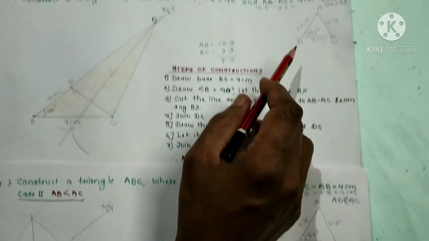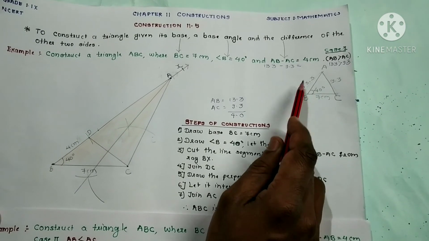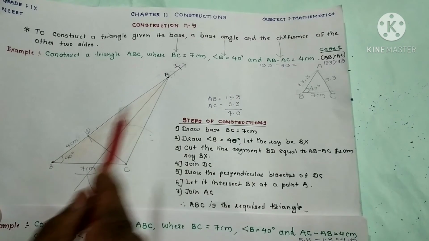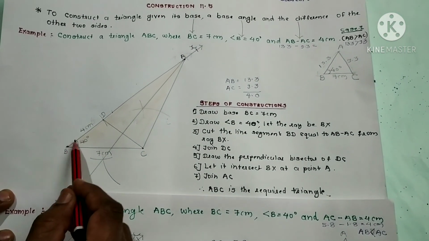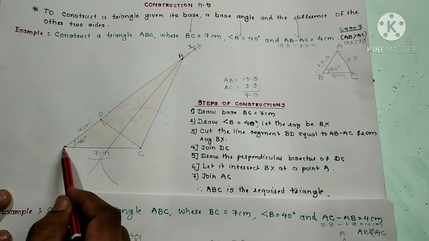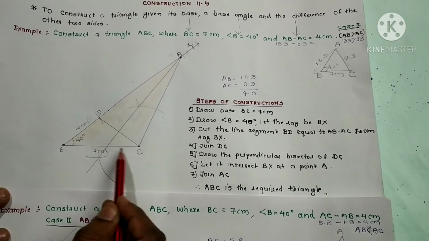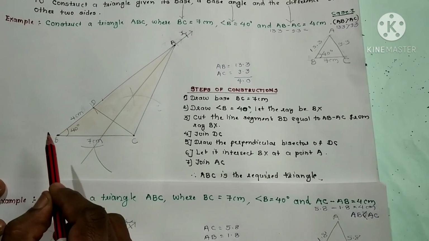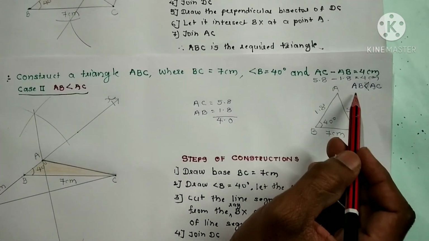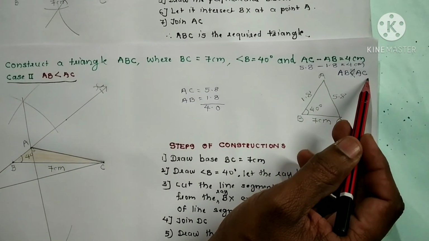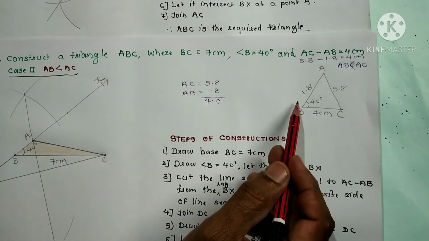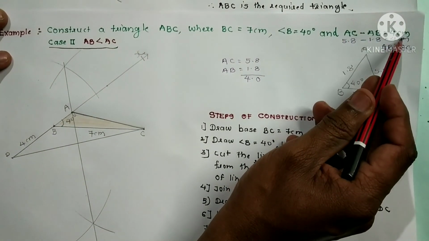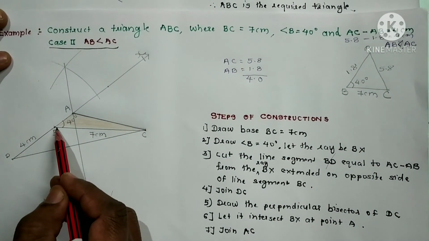Only you have to remember, when AB is greater than AC, means this side is greater than this side, then you have to draw this 4 centimeter above the base BC. And if AB is less than AC, then you have to draw this AC minus AB equal to 4 centimeter below the base BC.